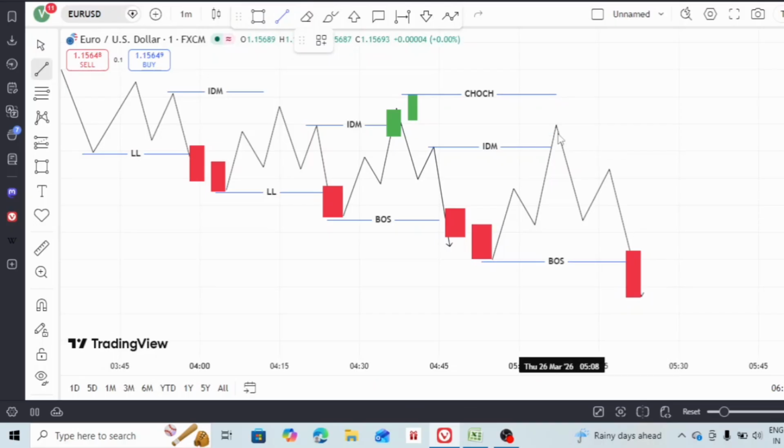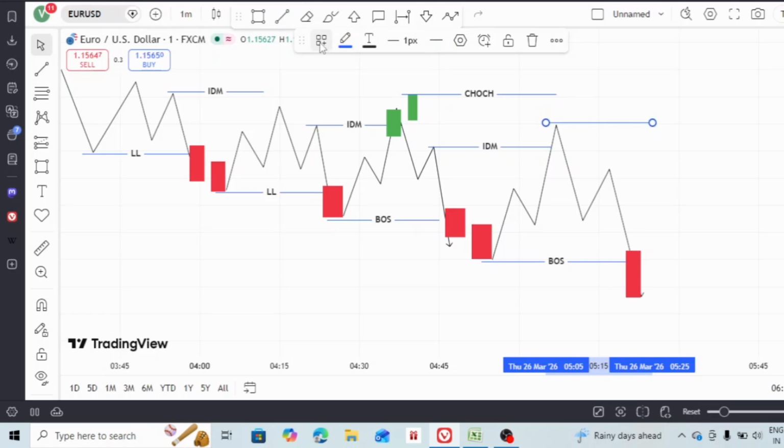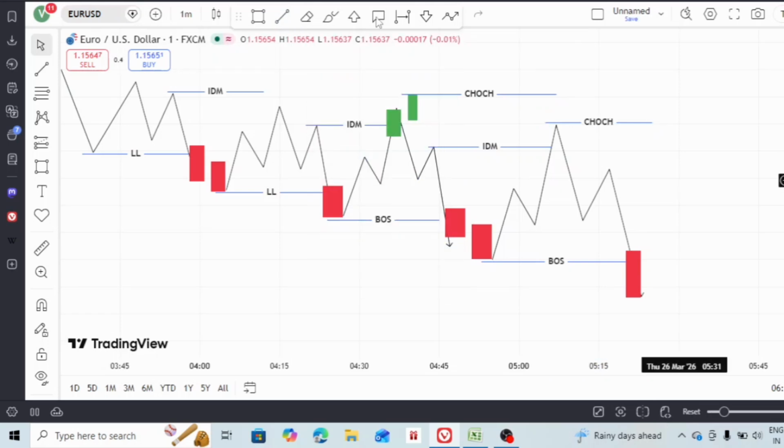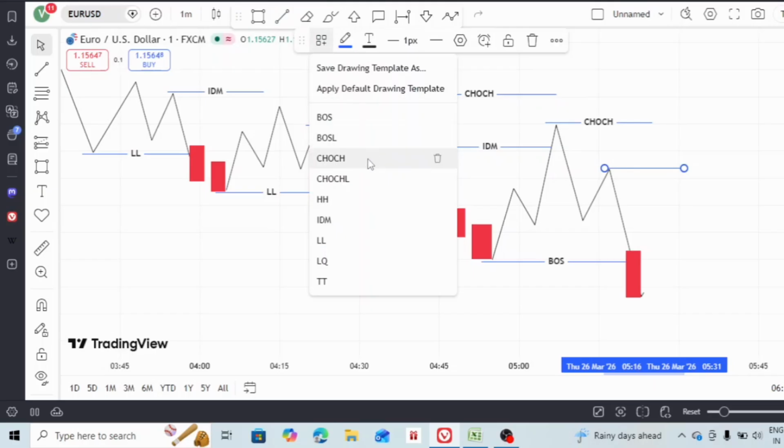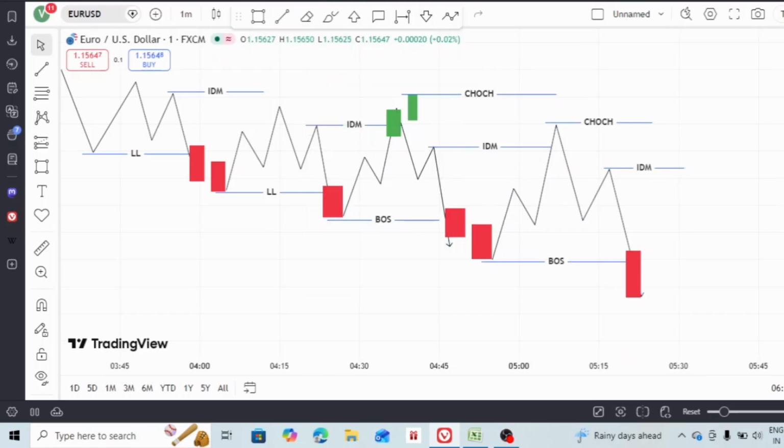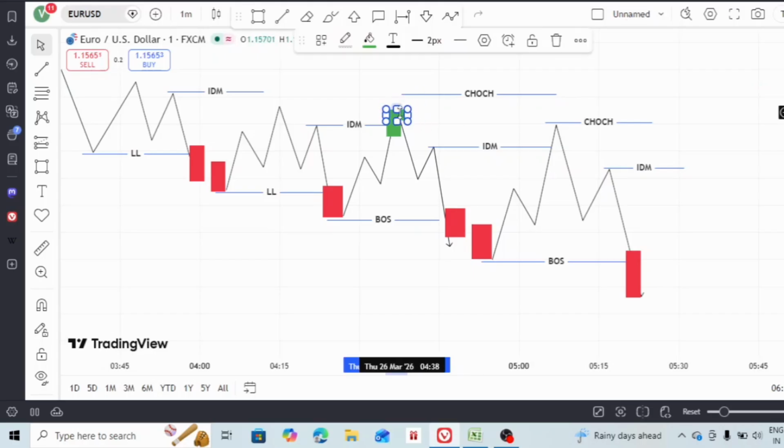Breaking out with the body means this is the change of character level now, as we have the pullback here. So this is the inducement. Our change of character level has been shifted from this level to this level. So this is the change of character.